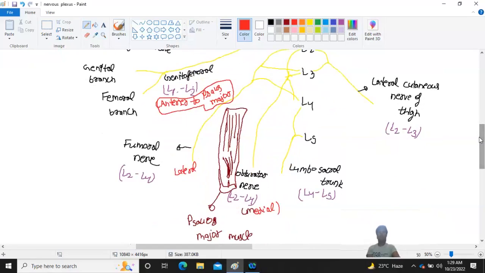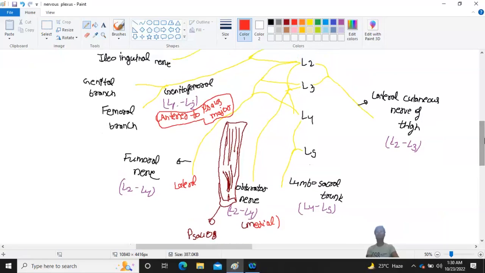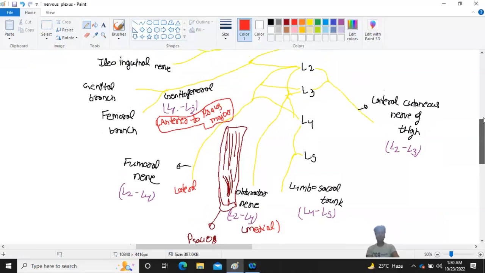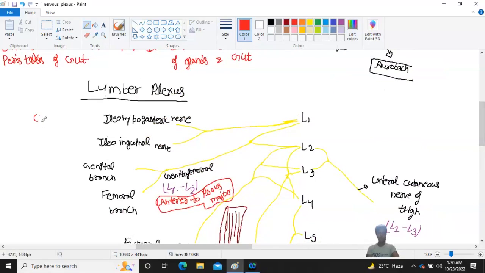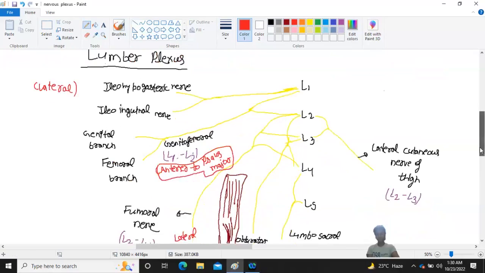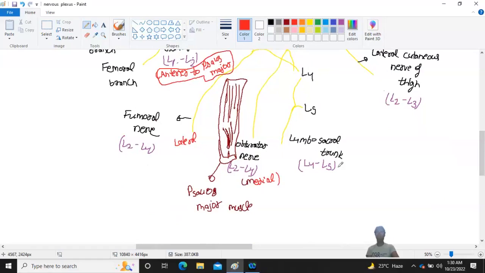This is the psoas major. The medial nerve is the obturator, and these are lateral nerves, except this. Iliohypogastric and ilioinguinal are also in the lateral relations. These are lateral, and this is lateral. This is medial. Then this lateral cutaneous nerve is also in lateral relation to the psoas major.